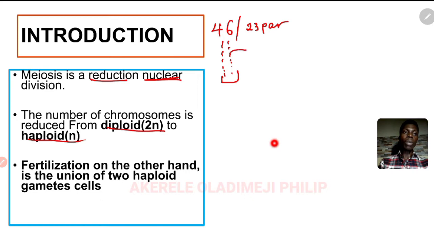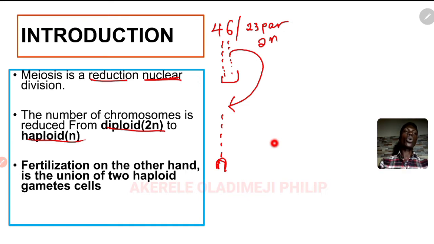It will now reduce into an organism that will have just a single copy. This is called haploid. We denote haploid with N, and we denote diploid with 2N. So this is a reduction division from 2 copies to 1 copy.